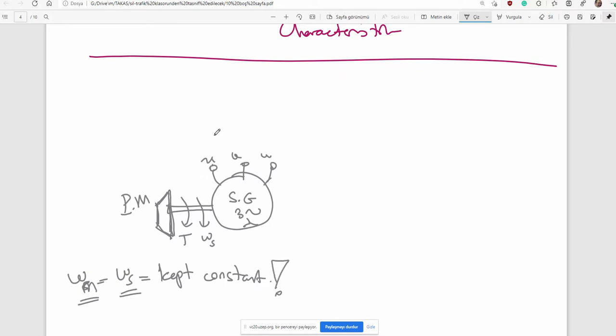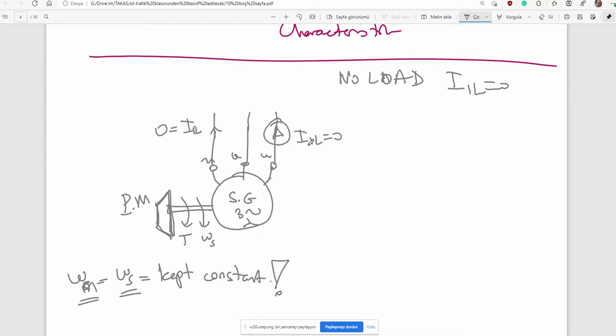And then here are the electrical outputs, but no load. So there is no line current. Here the line current I1 is 0. There is no need to install an ammeter here because it is 0. Let me install a voltmeter.